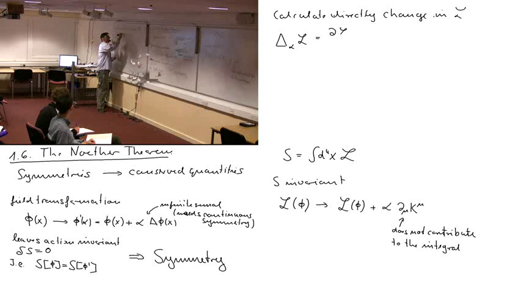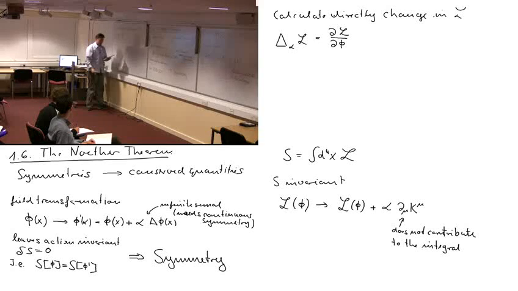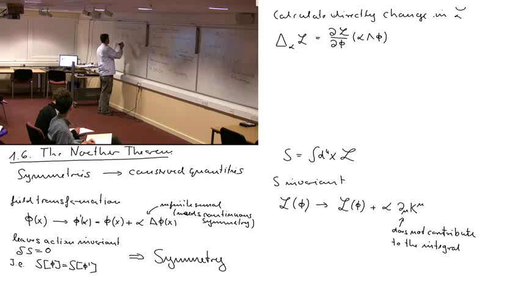What do we get? Well, we get the derivative with respect to phi. We simply follow the chain rule, and then alpha times delta phi, because that's the variation with respect to phi, and that's the change in phi. So it's simply taking the chain rule, basically. And of course, the Lagrangian also depends, as usual, on the derivatives of phi.